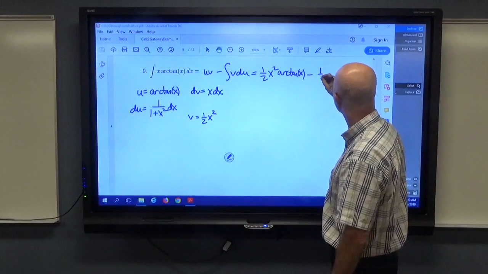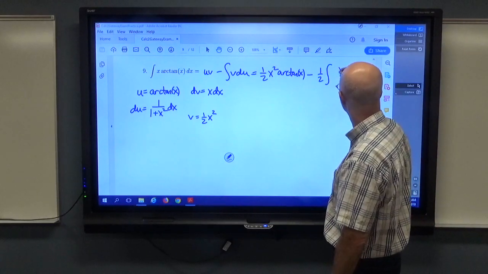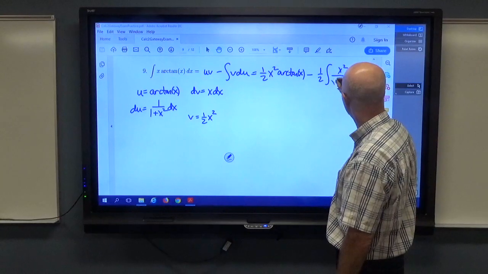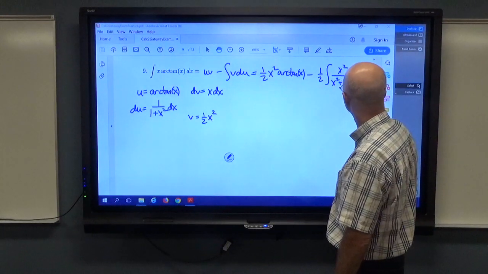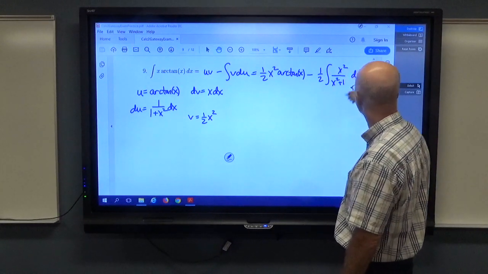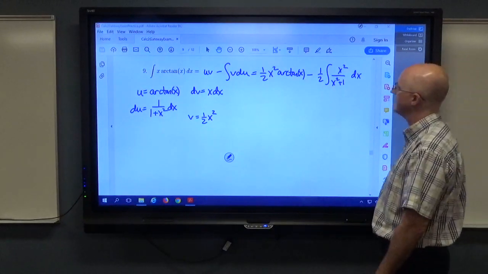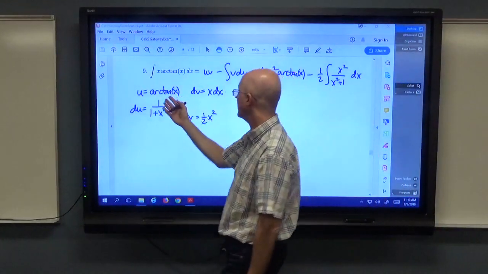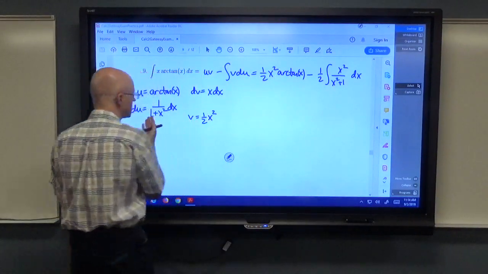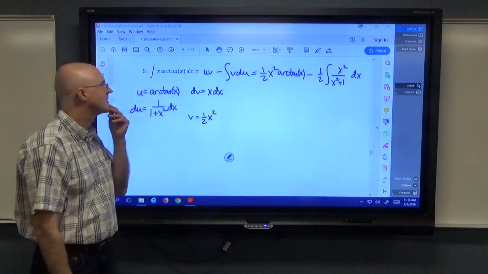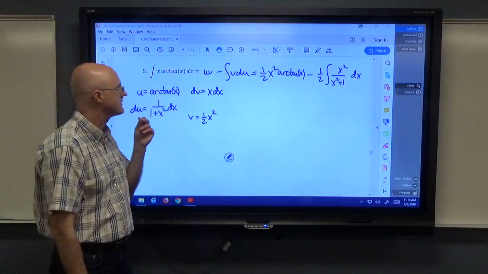I'll bring the 1/2 in front and get an x squared over... Let me write the bottom in the opposite way, as x squared plus 1 instead of 1 plus x squared. It's certainly okay to do that. It's more traditional when you're integrating or differentiating arctangent to write it this way, but you certainly can switch it around. I'm doing it for a reason, and that reason is related to the long division.